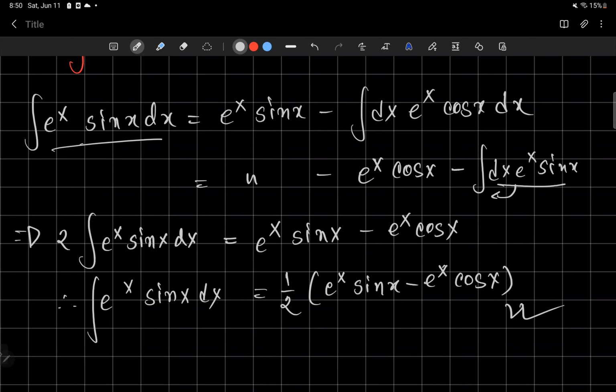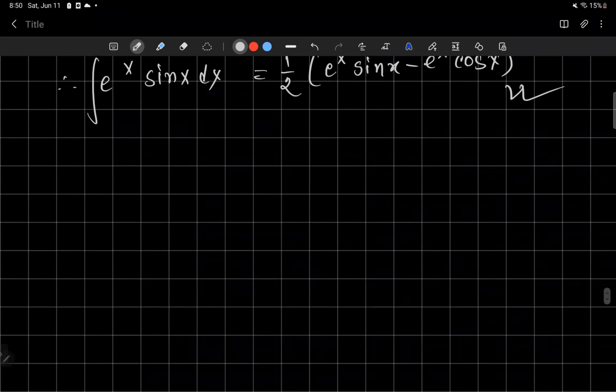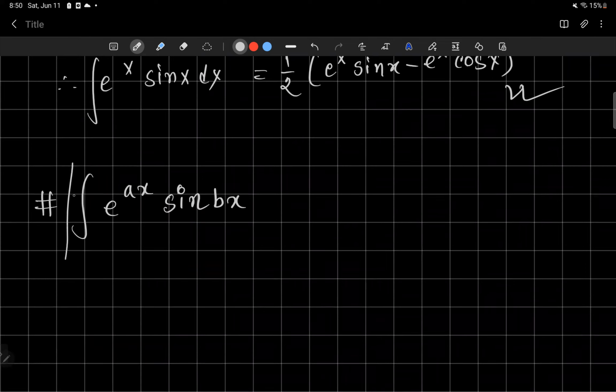What you should do at home is try to use similar steps and evaluate e to the power ax, sine of bx. Try to do this. And if you're familiar with complex numbers, this is pretty easy.